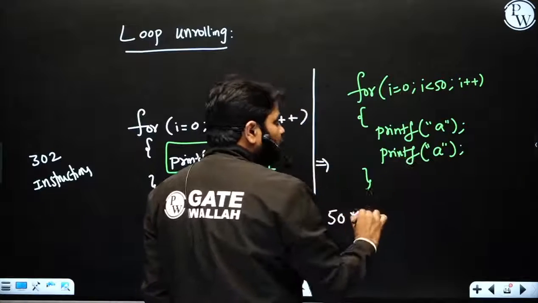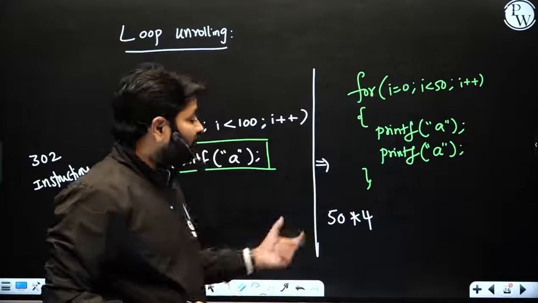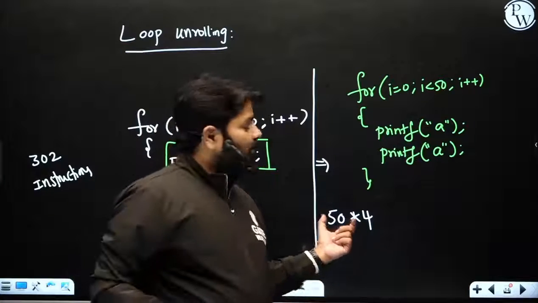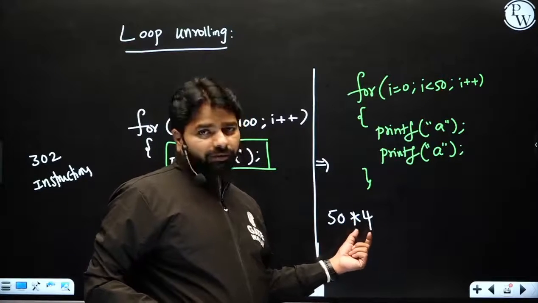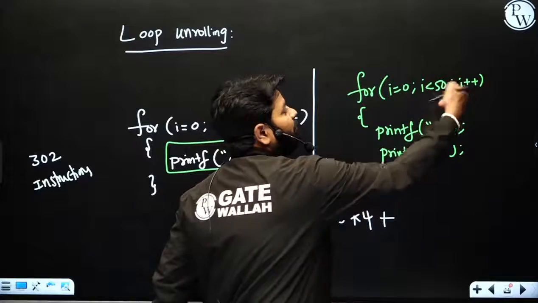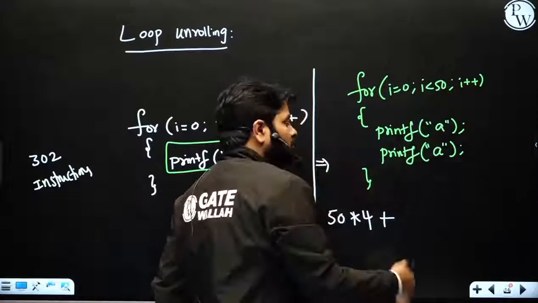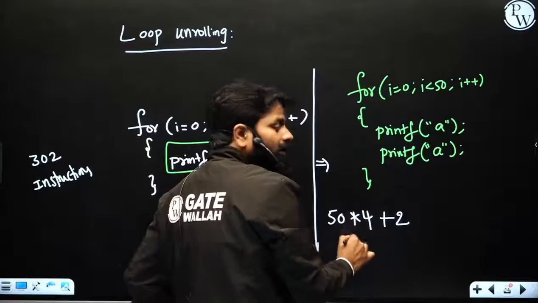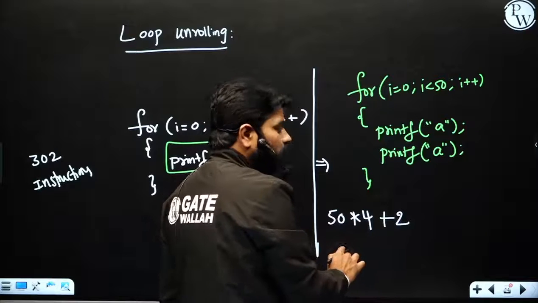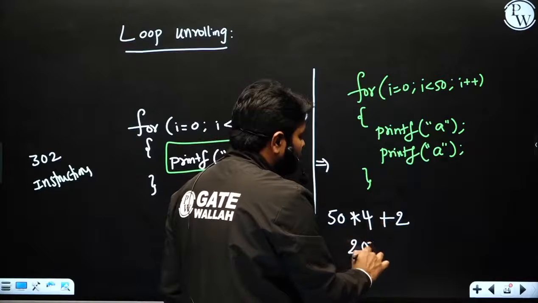So each time 4 instructions. To print double A 50 times, 4 instructions will be executed each time, plus 2 to fail the condition. Increment and fail goes outside. So 50 times 4, 200, plus 2, 202 instructions now.